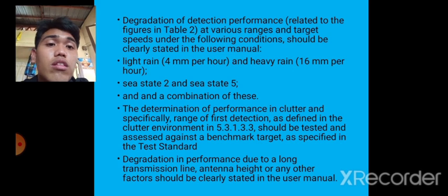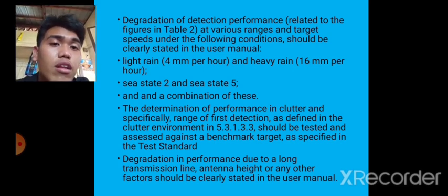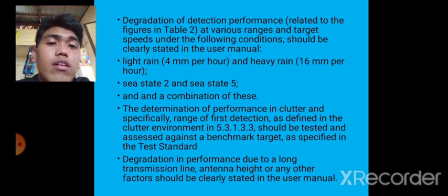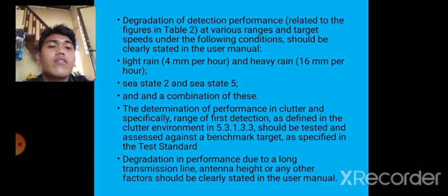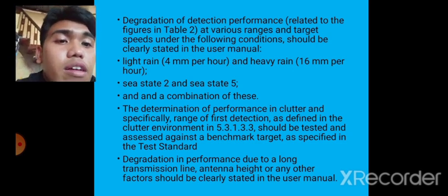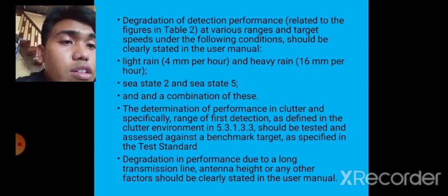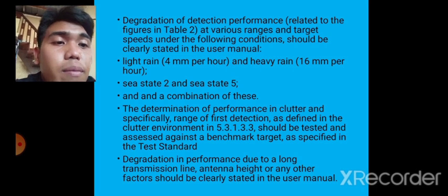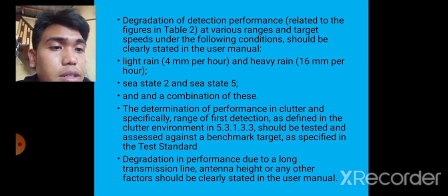Sea state 2 and sea state 5, and a combination of these. The determination of performance in clutter, and specifically the range of first detection as defined in the clutter environment, should be tested and assessed against a benchmark target as specified in the test standard.